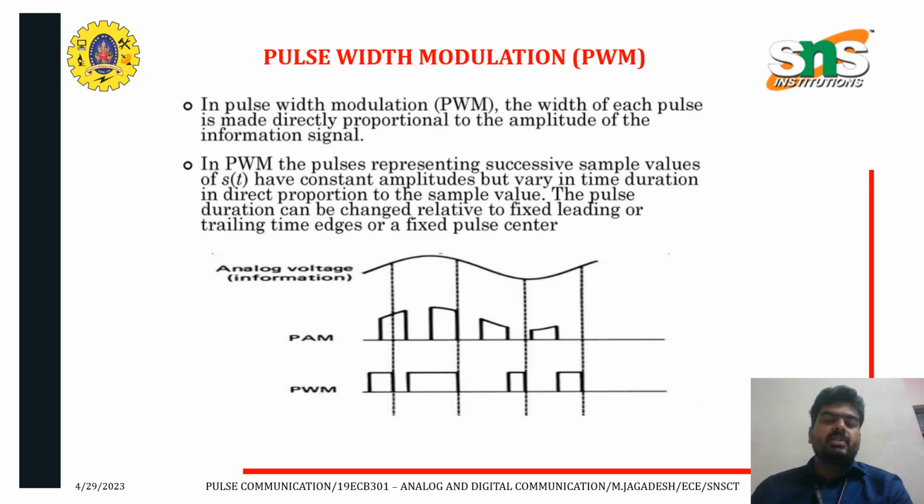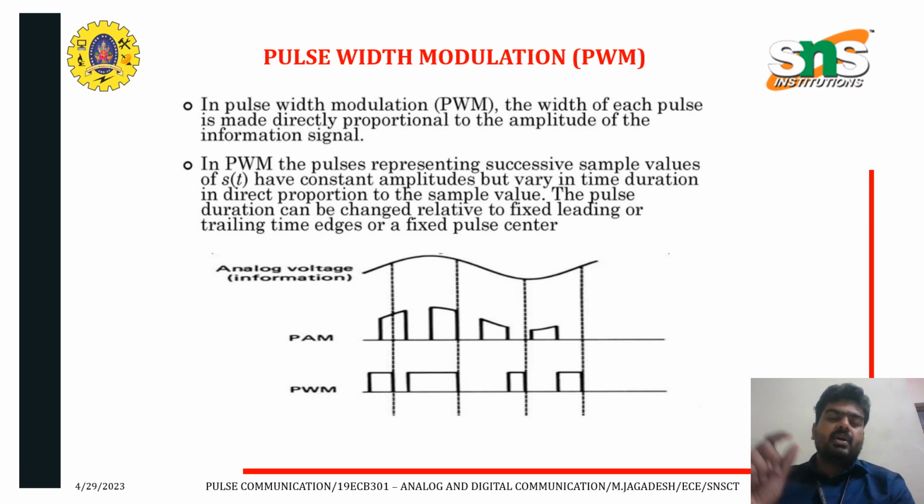And next one, pulse width modulation. In the previous one, pulse amplitude modulation, with respect to the amplitude of the message input signal, the carrier pulse amplitude gets varied. Here in pulse width modulation, according to the amplitude of the information signal, that is the analog signal, the width of the carrier pulse will be varied.